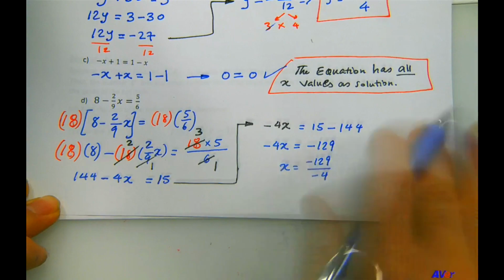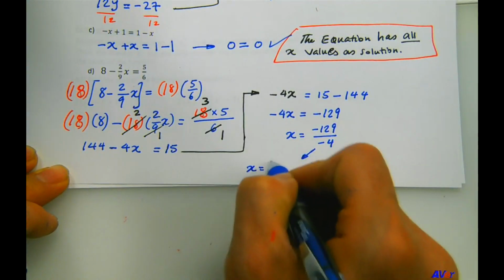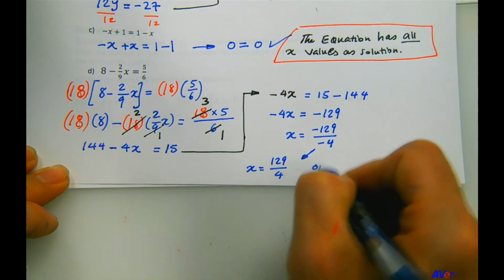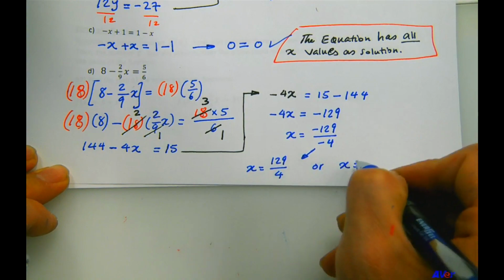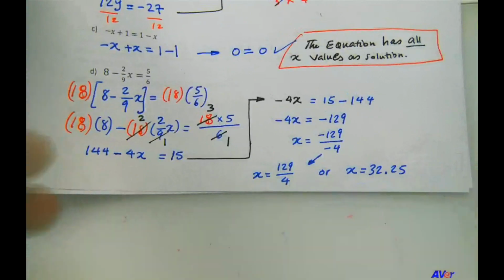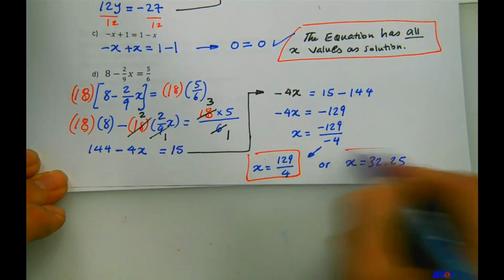So you can give the answer in 2 ways. Either you can say x equals positive 129 over 4, or you can say x equals 32.25. Both of those answers are acceptable.